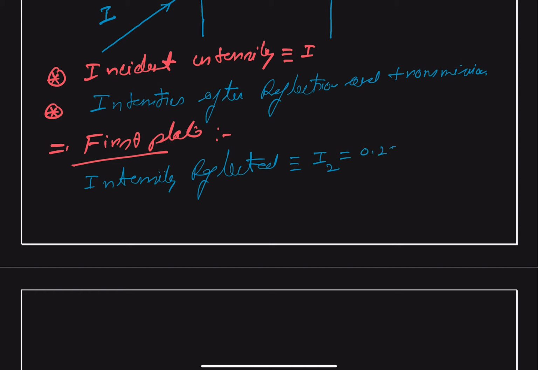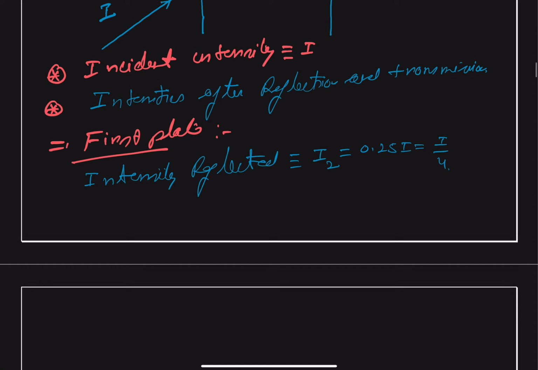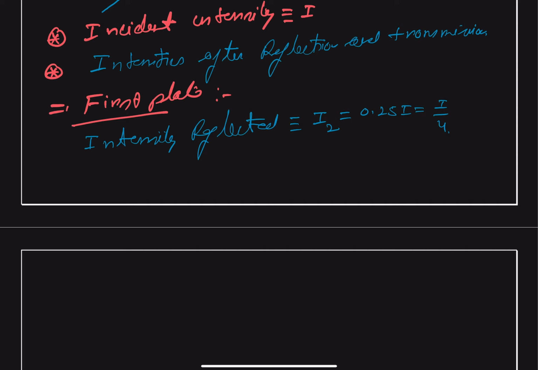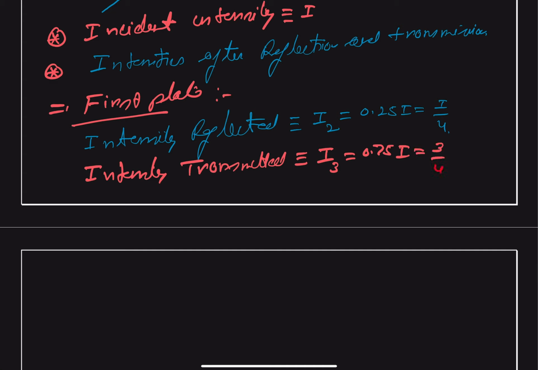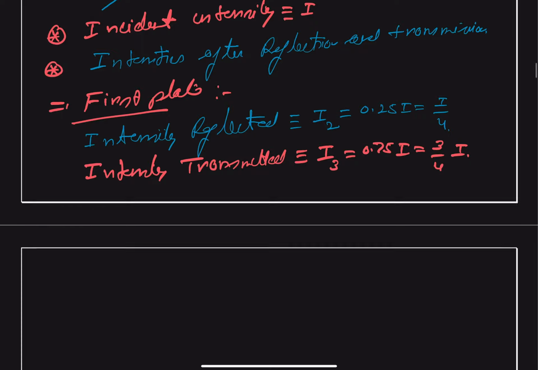So this is 0.25 of I, giving us I by 4. And the intensity transmitted, let us call that I3, will be 75%. So this is 0.75 times I, which gives us 3 by 4 times I.